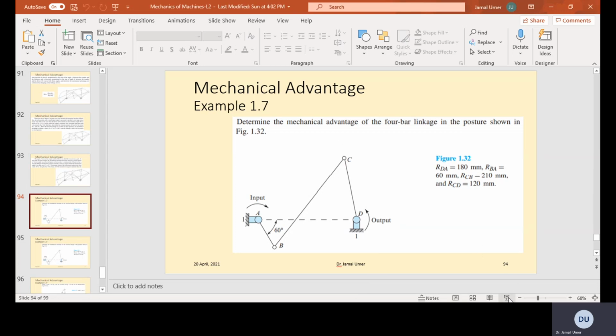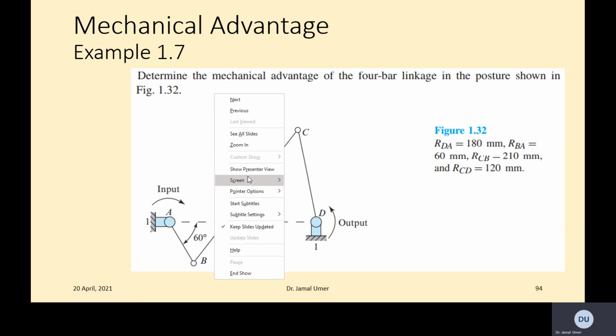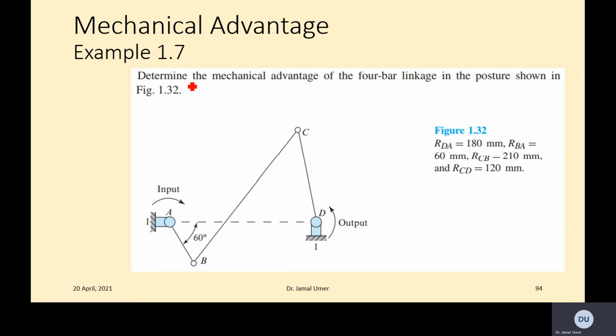It asks us to determine the mechanical advantage of the four-bar linkage in the posture shown in figure 1.32. We have the initial angle, which is 60 degrees. Just one angle is given, and then the lengths are given.